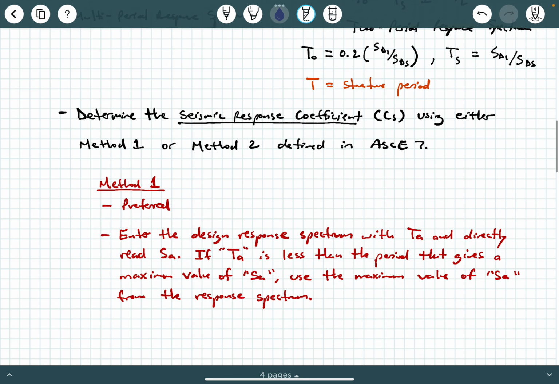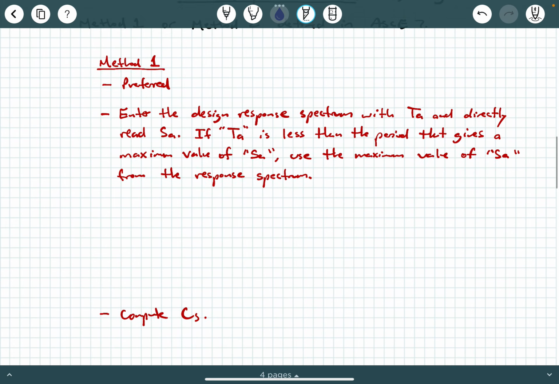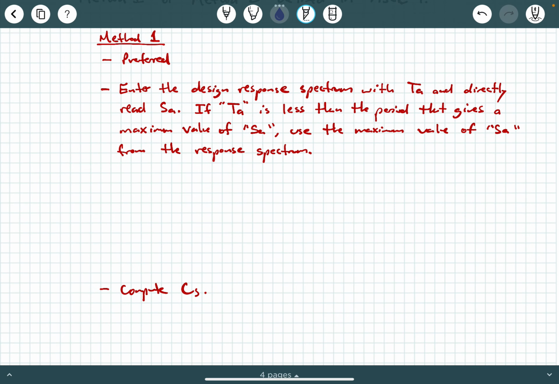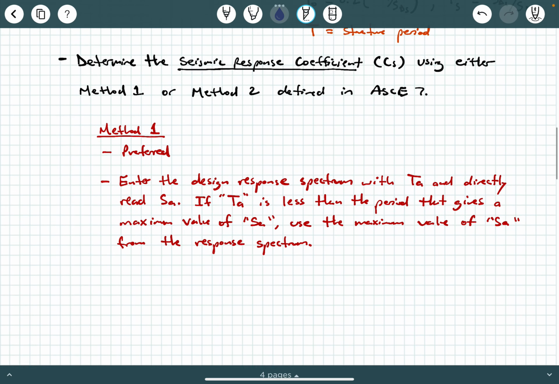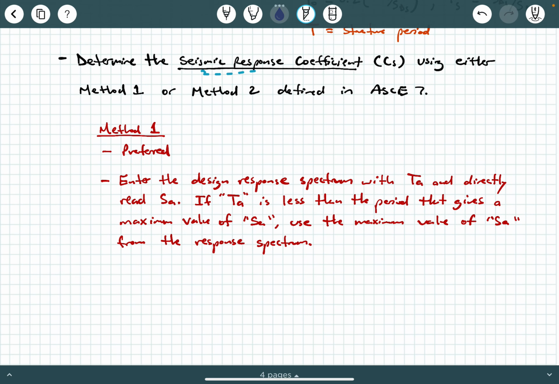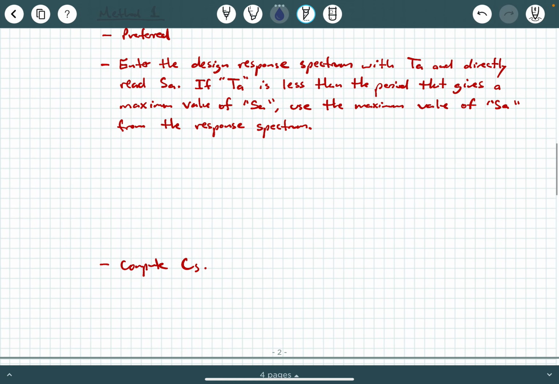So we do that, and we get SA. We then compute the CS value, which is the seismic response coefficient. How do we do that? C sub S is SA divided by R over I.